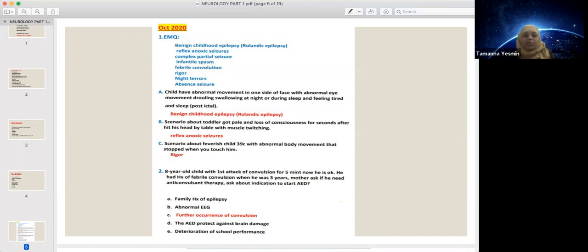You have to know that in breath holding attack, there is a repeated history of the same kind of pallid attack. Reflex anoxic seizures are usually not repeated. Usually it occurs with a sudden injury. Suppose a child is suddenly frightened, or suddenly sees some blood, or gets some injury. That is reflex anoxic seizure. But breath holding is a recurrence.